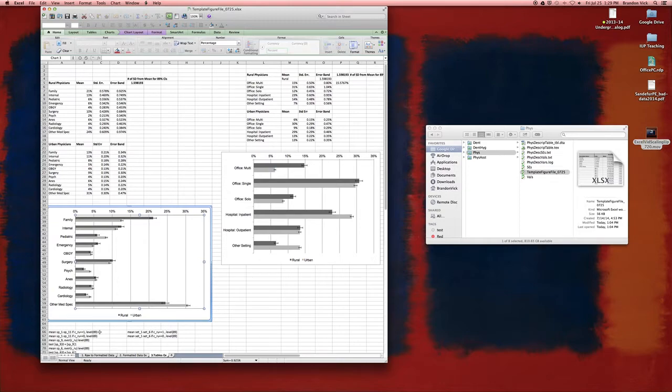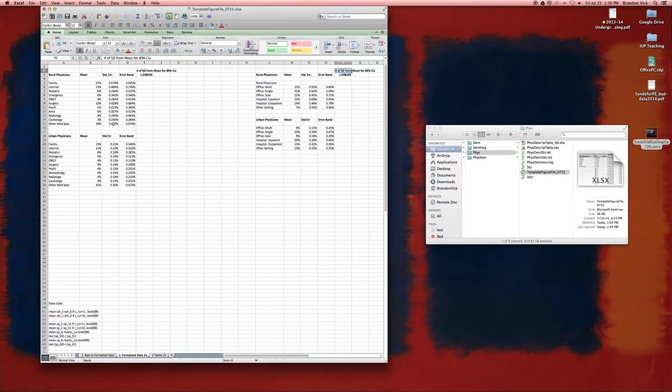Okay, so that's what we have here. To summarize this part, non-overlapping confidence intervals are statistically different rural-urban differences. Okay, how did I come up with this graph? Well, let me show you.